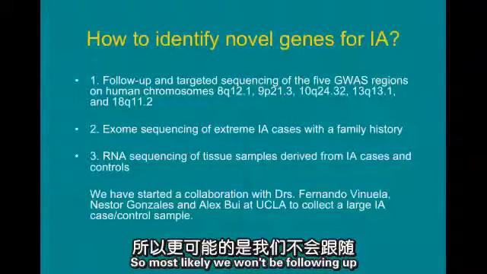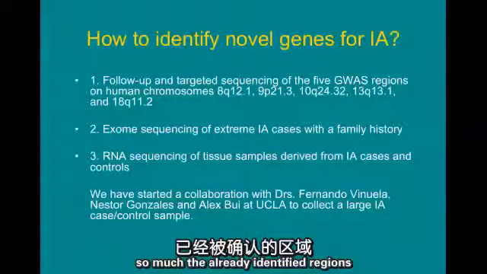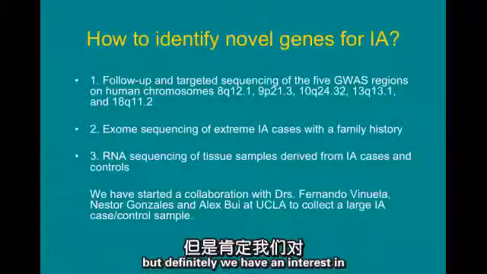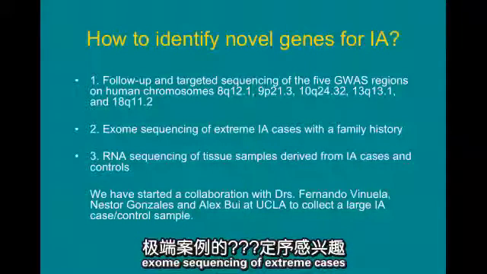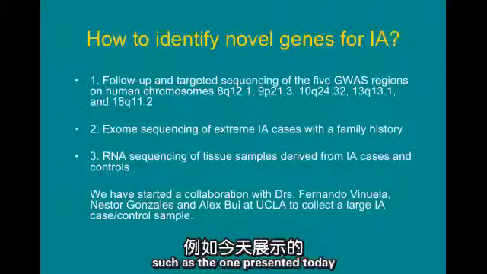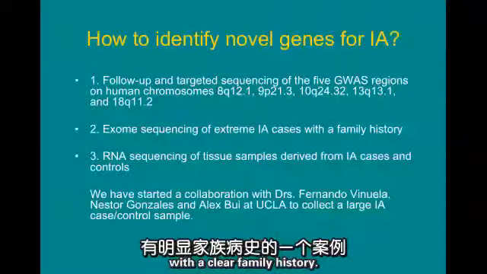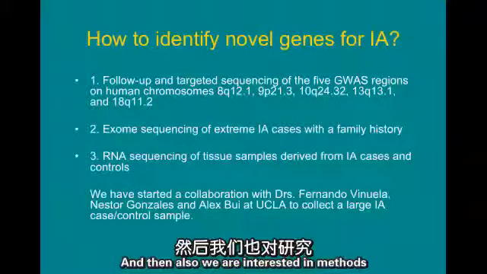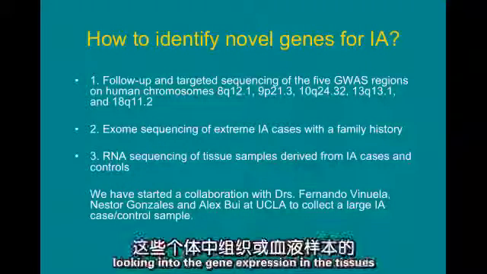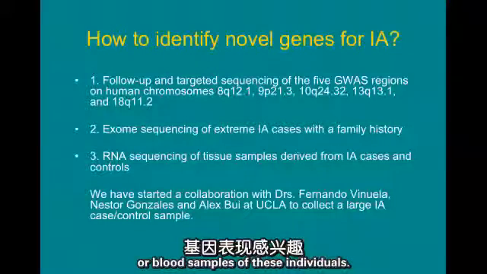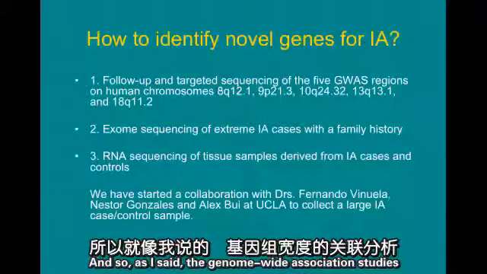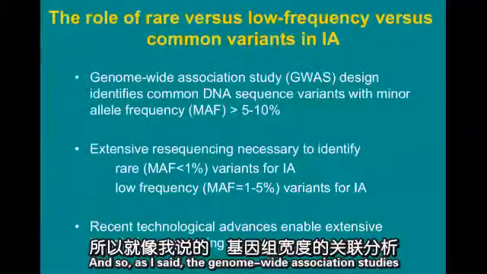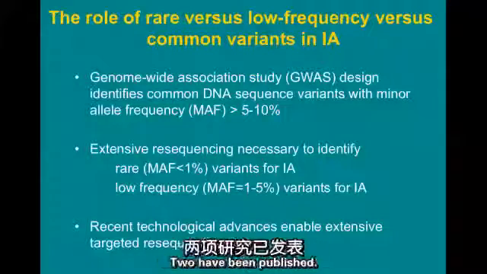Most likely we won't be following up so much the already identified regions, but we definitely have interest in exome sequencing of extreme cases such as the one presented today with clear family history. And we are also interested in methods looking into gene expression in the tissues or blood samples of these individuals.